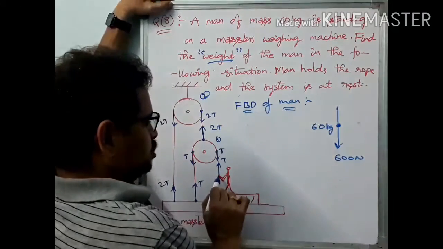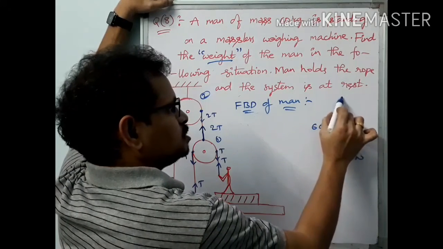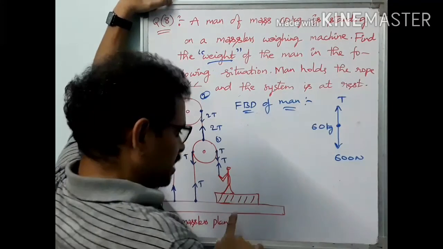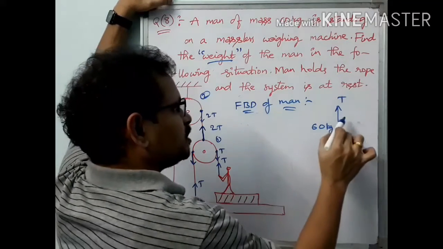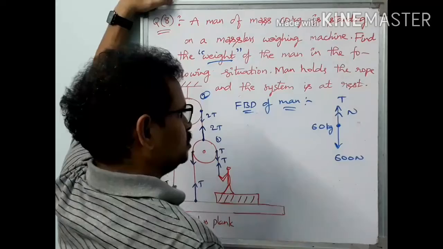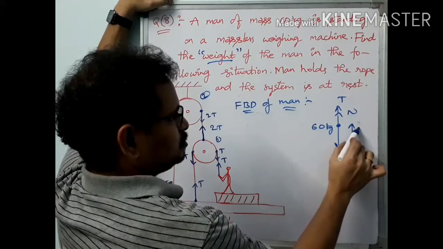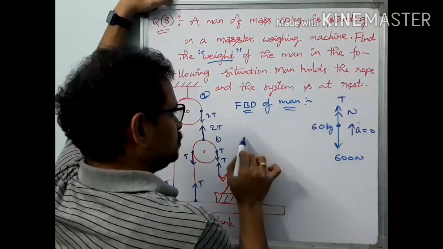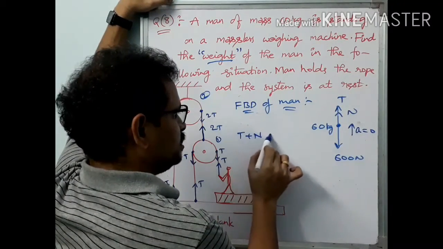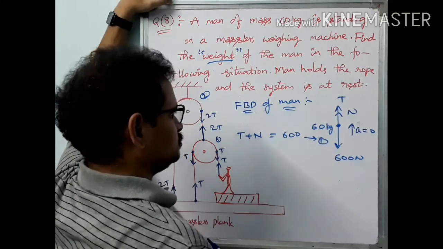He is holding this rope. This rope is pulling his hands in the upward direction. So tension T upwards, as well as he is standing on this weighing machine, so normal reaction N upward. It is at rest, so acceleration a is 0. So T plus N equals 600 newtons. This is equation 1.